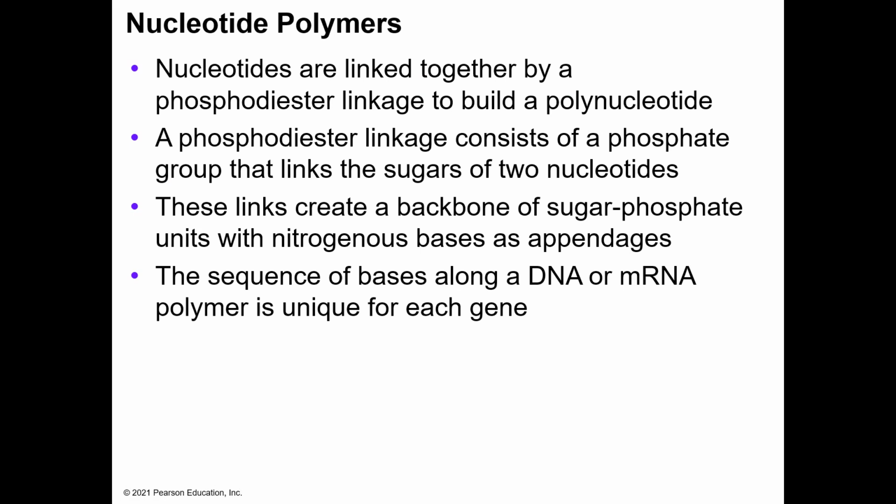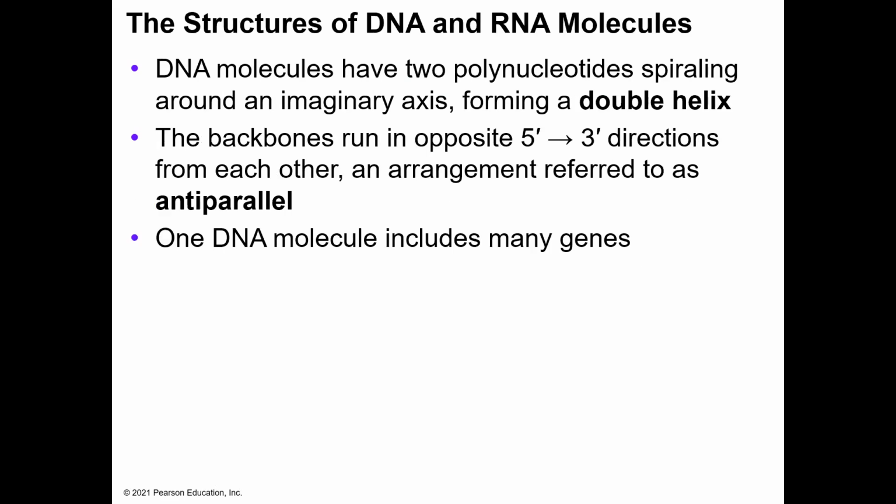A phosphodiester linkage consists of a phosphate group that links the sugars of the two nucleotides. It is these linkages that create the sugar-phosphate backbone of a DNA molecule. The bases that attach to this backbone are unique, depending on the RNA that's being read.